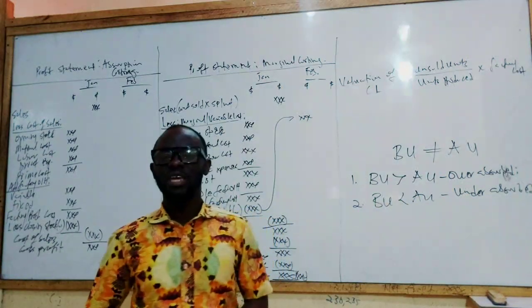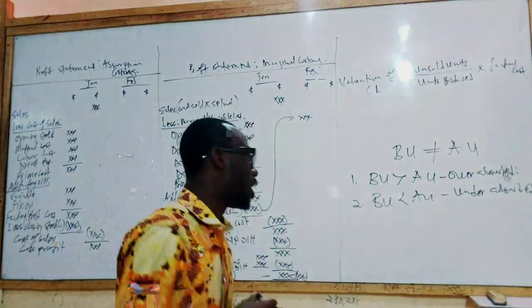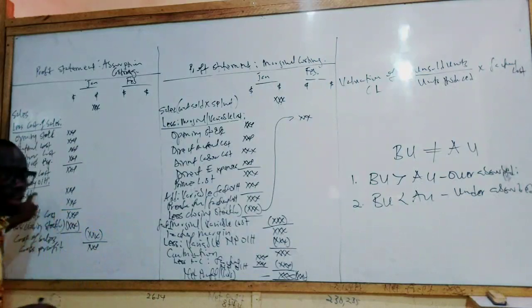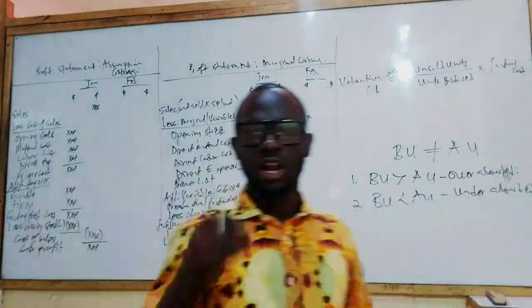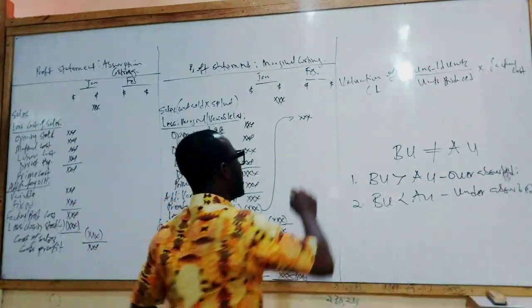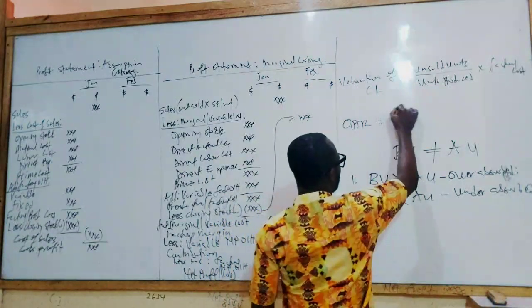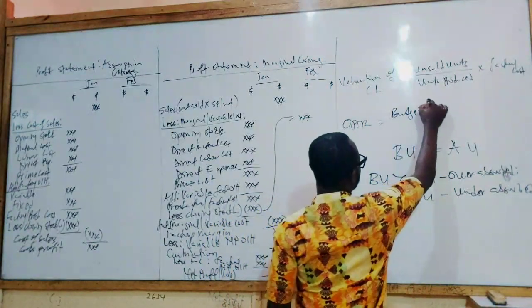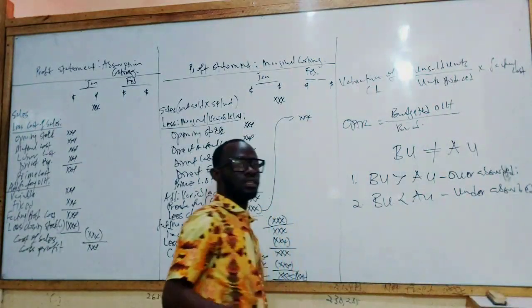Now, what is the meaning of this over or under absorption of overheads? Remember what I told you about the fixed overheads here. This fixed overheads you brought here was based on an overhead absorption rate. And if you remember what we did yesterday, overhead absorption rate is computed by looking at the budgeted overheads divided by the budgeted activity.